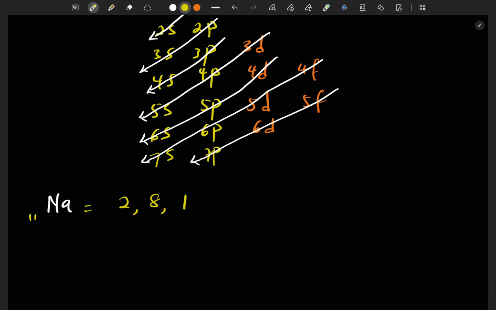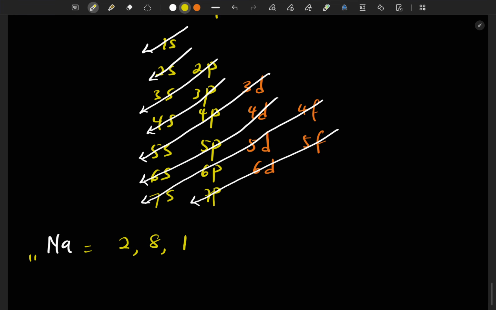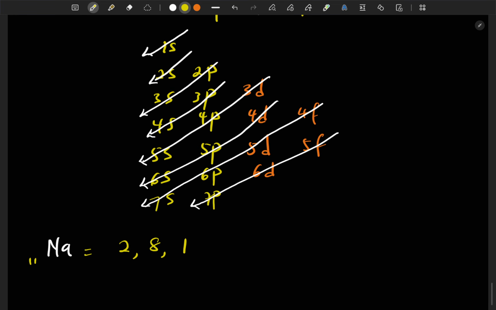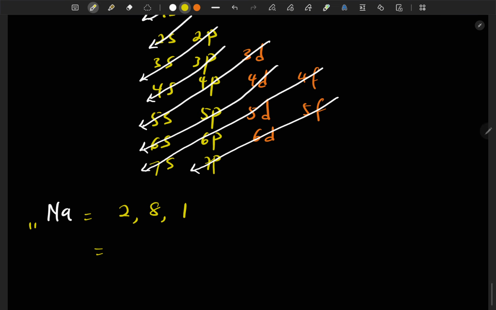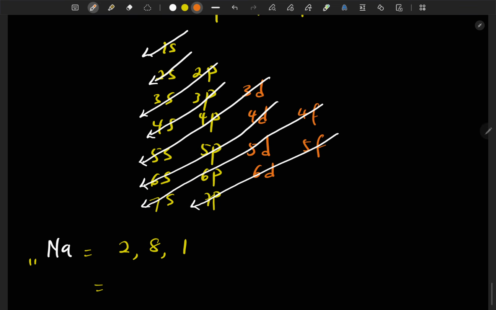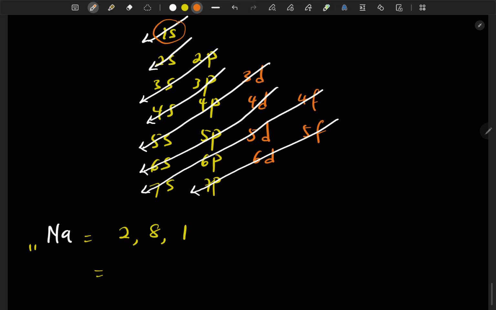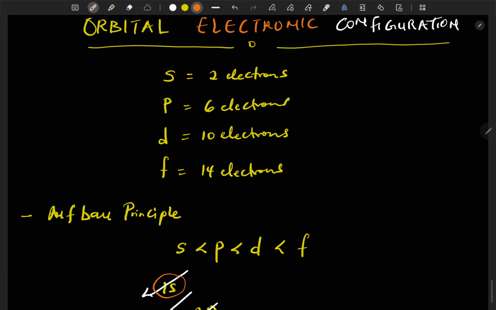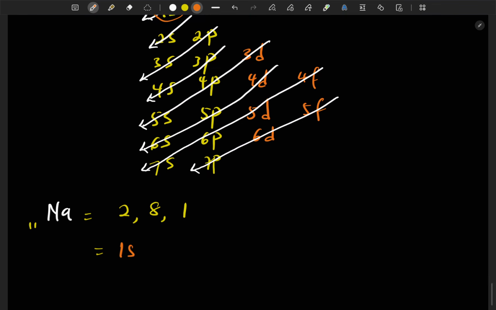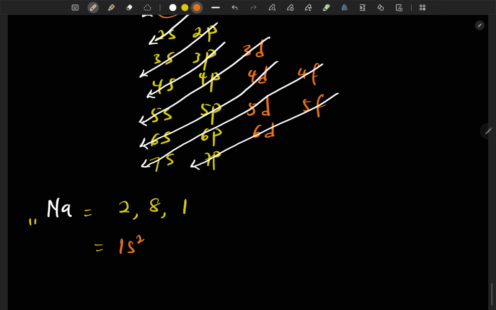Okay, so to make the orbital electronic configuration, we're going to follow the Aufbau principle. Which orbital do we start from? We start from 1s. Remember, how many electrons can go into an s orbital? 2 electrons maximum. So we can put 1s2.